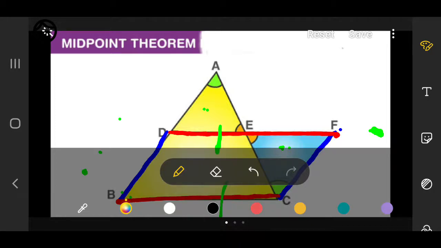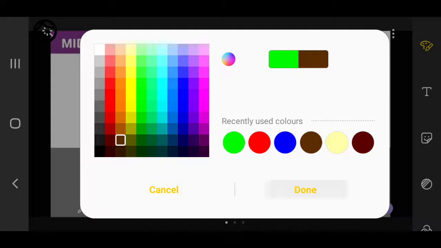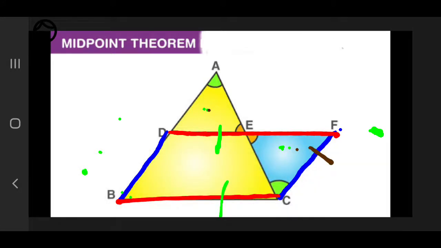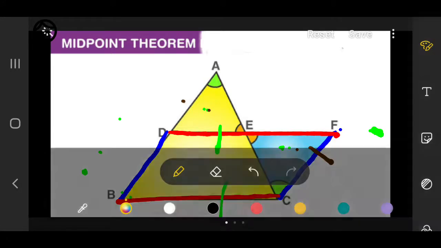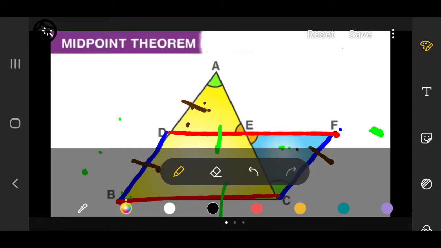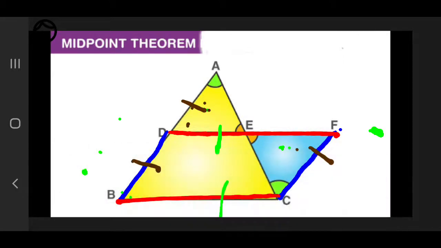The method of the proof is, we will prove that these two triangles are congruent. So, we will get FC equal to AD. If FC equals AD, what do we know? D is the midpoint of AB. So, AD will be equal to DB. If FC equals AD equals DB, then DB will be equal to CF.